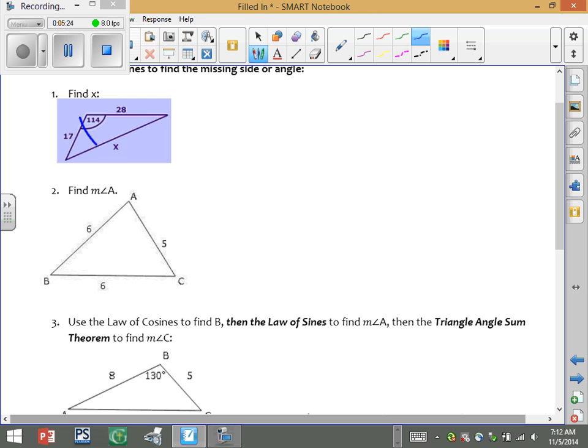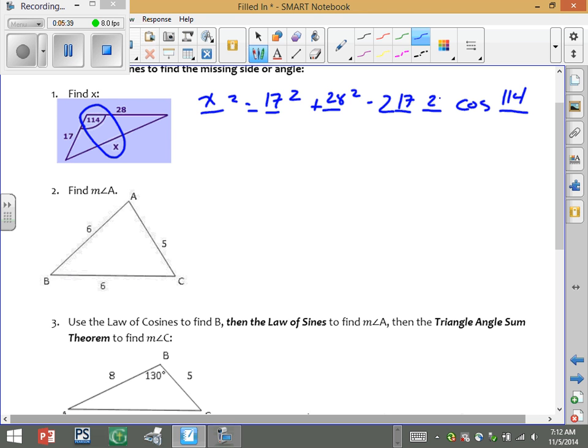So 1, again, circle there, blank squared equals blank squared, plus blank squared minus 2 blank blank, cosine of blank. So your setup, 114, x is across from it, so 17, 28, 17 and 28, and then you know where to go from there.